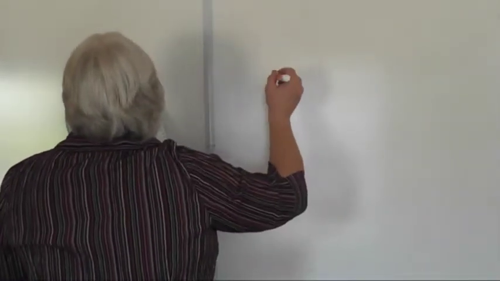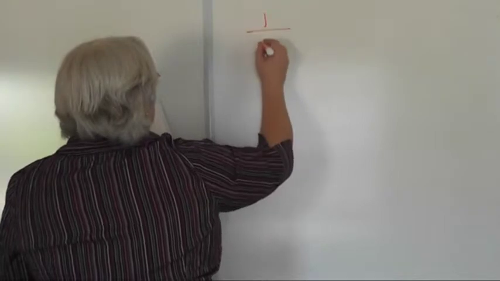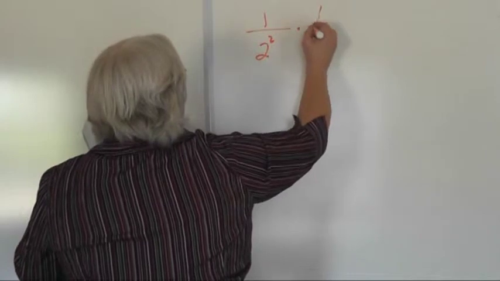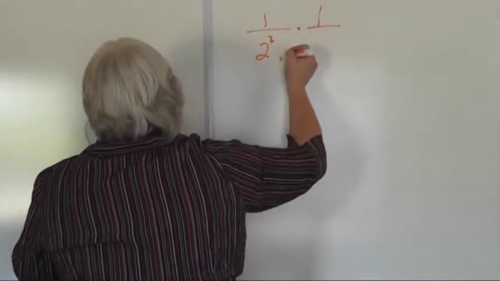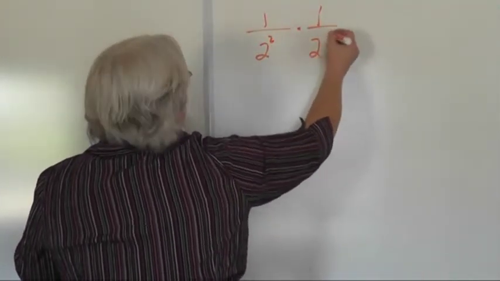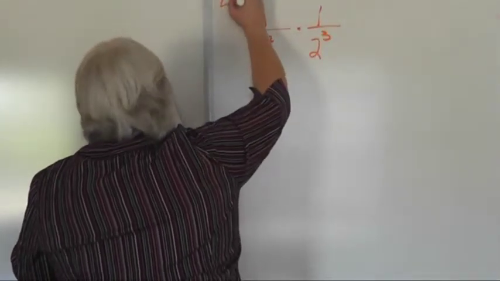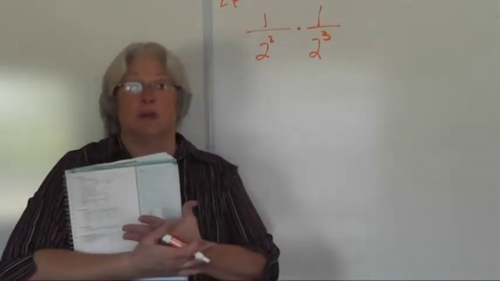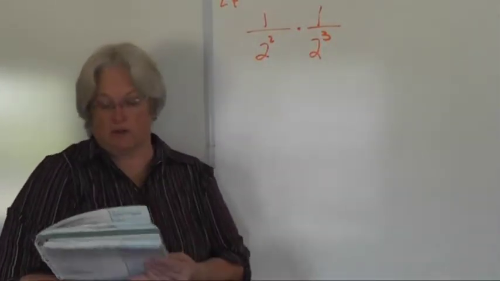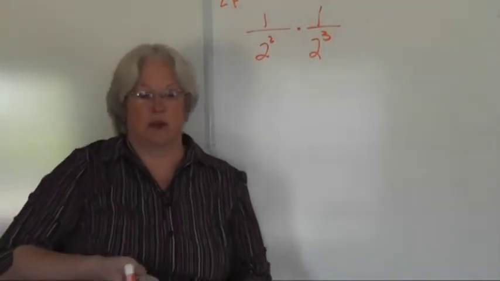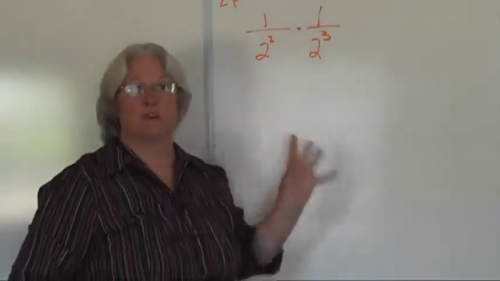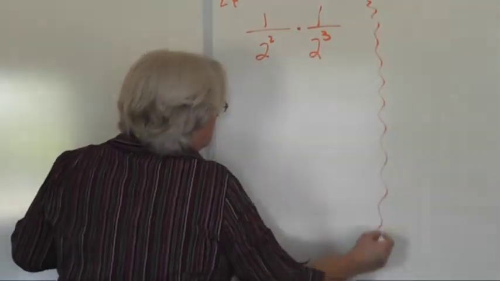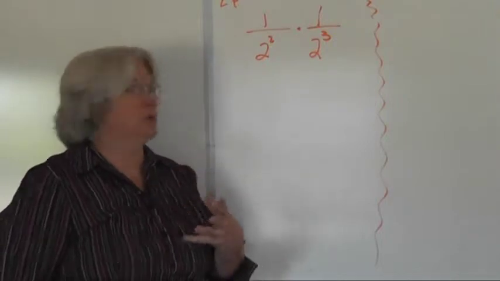Say that we have 1 over 2 squared times 1 over 2 cubed. This is example 3. Now, they show the way that you solve this in a very different way than I would show it, but we're going to do it 2 different ways. First, we'll do it the way they show you. Second, we'll do it the way that I would see as being much more logical to use.